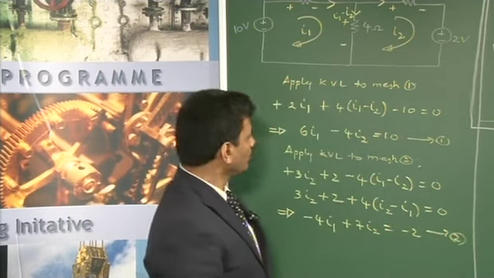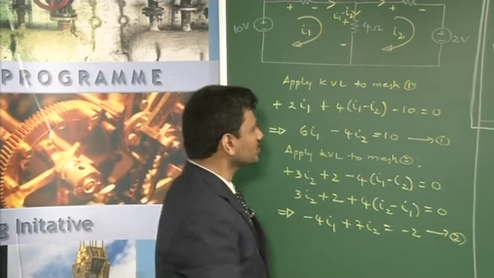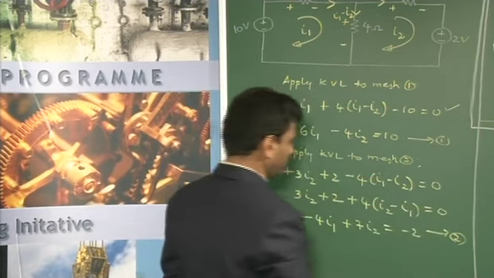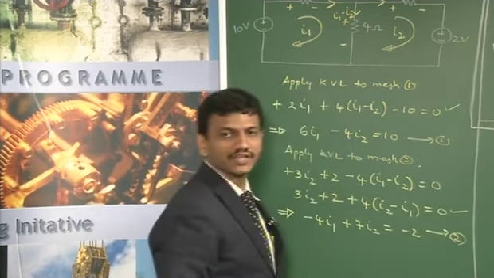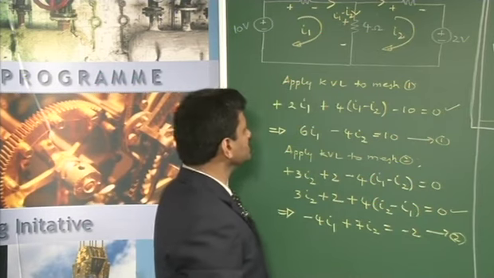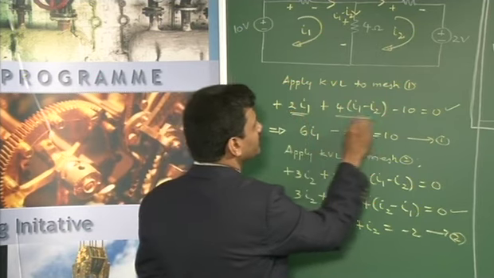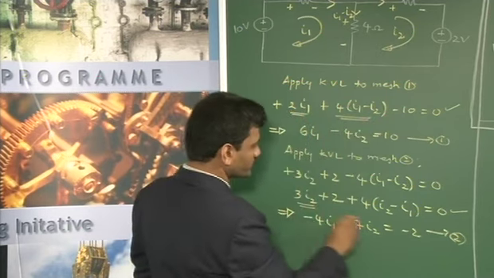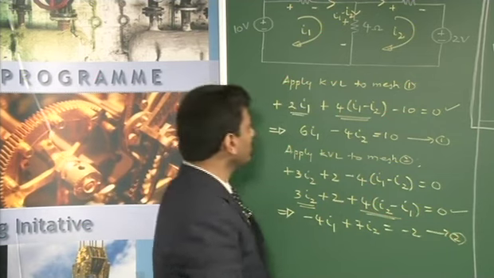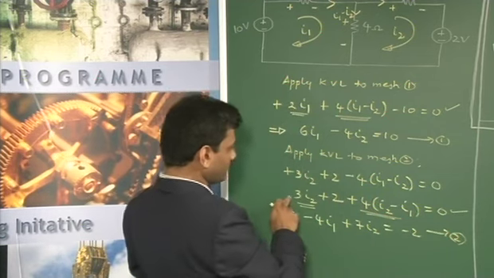So I want you to observe this particular equation and this particular equation. What you have to observe importantly is that the drops across the passive circuit elements are always, by default, plus.